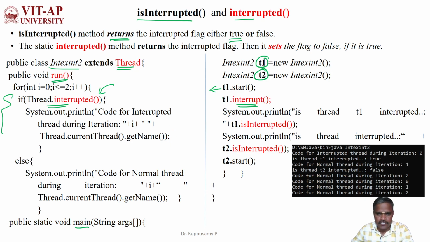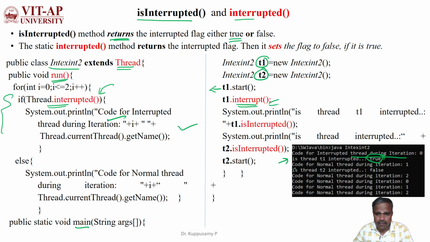Initially the thread is interrupted, right. So it is checking during iteration 0 whether the thread is interrupted or not. Here the code for the interrupted thread is executed, which is true. You look at that, is thread T1 interrupted? Yes, we are interrupting that thread, so it is true, then this statement will execute.